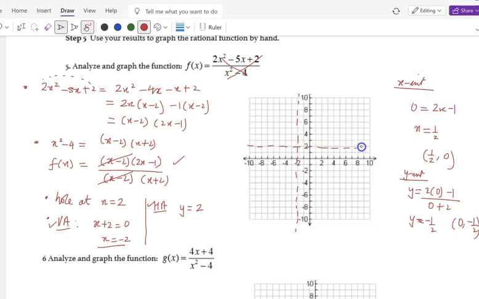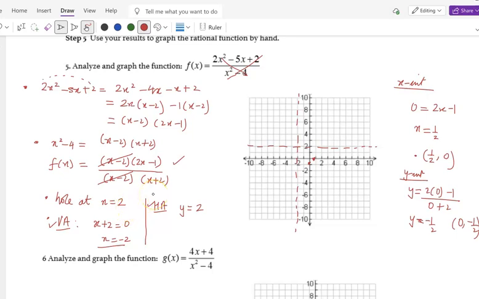Then the x-intercept half, 0, and the y-intercept 0, minus half. Sorry, we forgot to put the hole at x is equal to 2. So just remember.